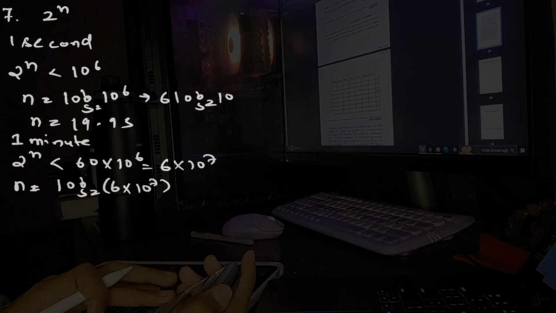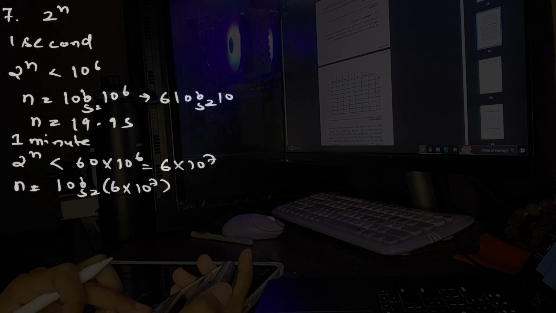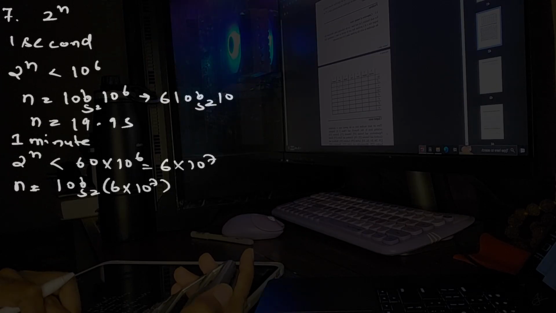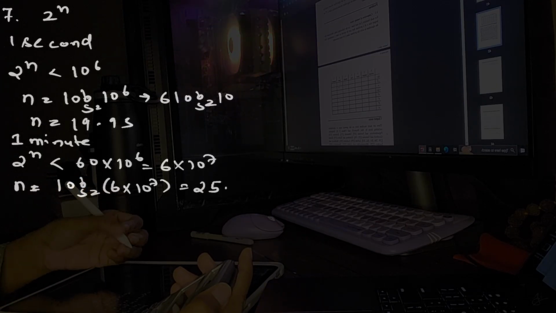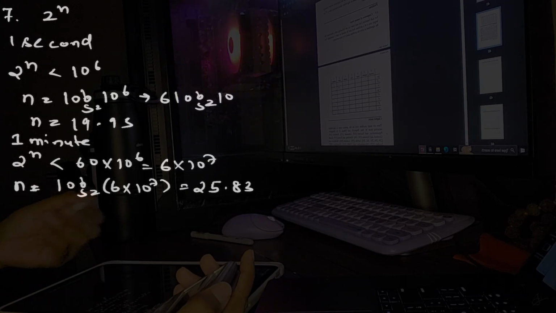Log of 6 into 10 to the power of 7, and obviously I have to divide it by log 2, will be 25.83. 25.83, we can take it as 25 or 26.